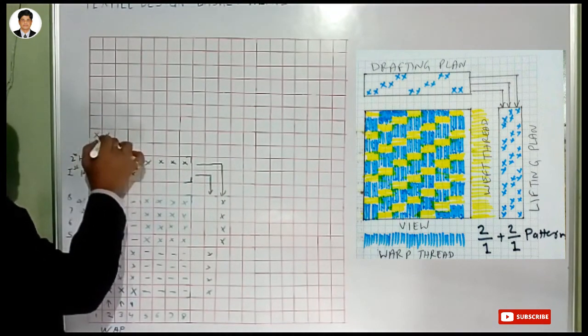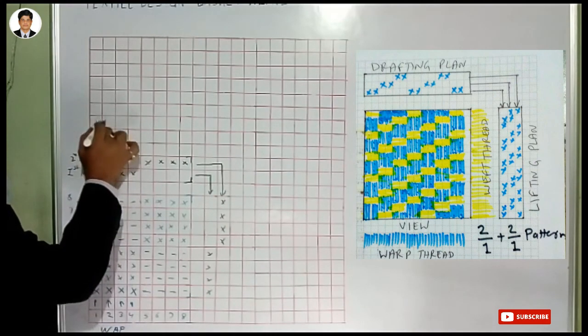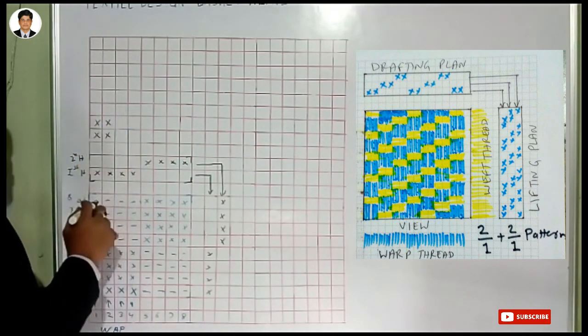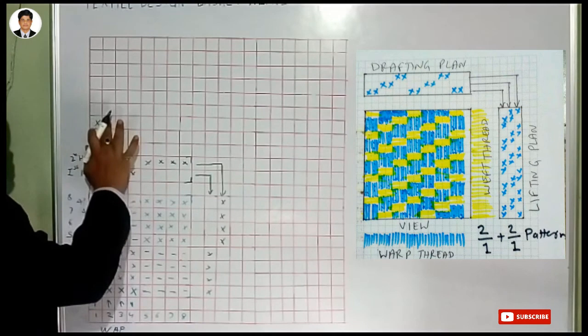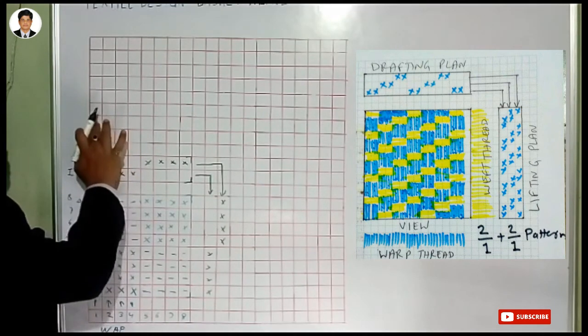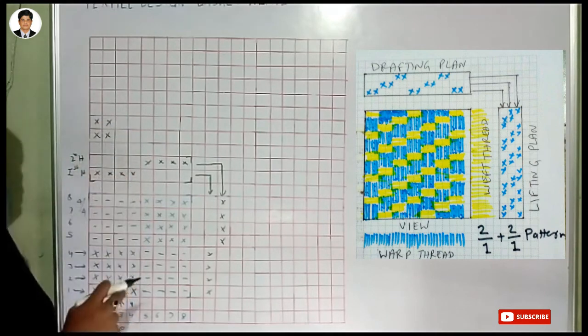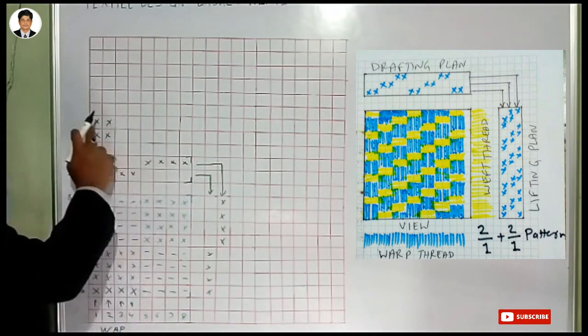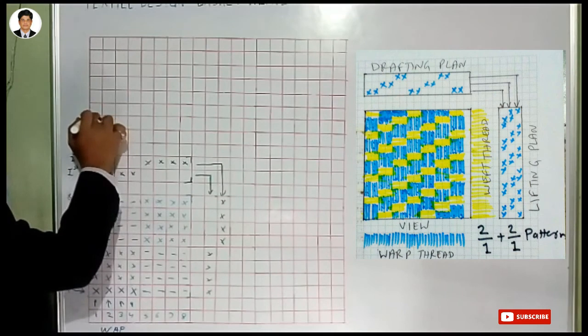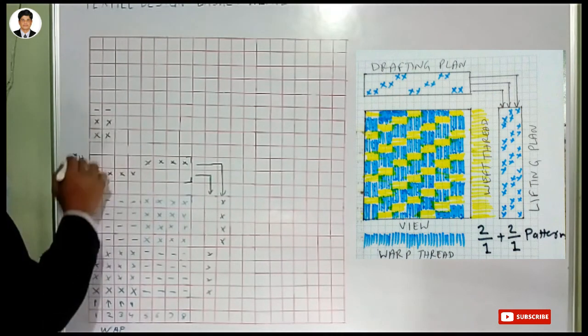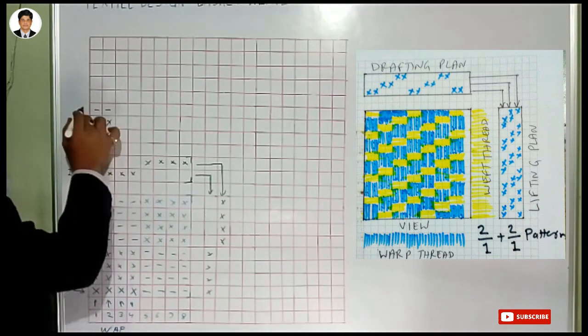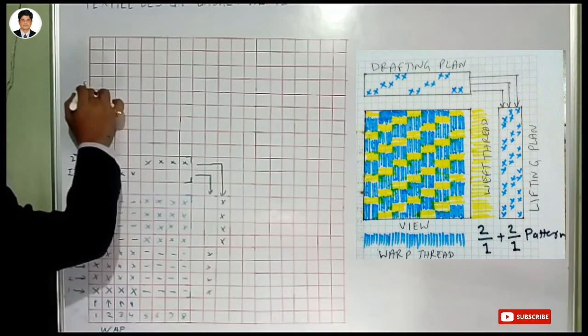2 up, okay. You see, 2 threads are floating up on the 2 weft threads and going down on the third. This is 1, 2, third, 4, 5, 6.